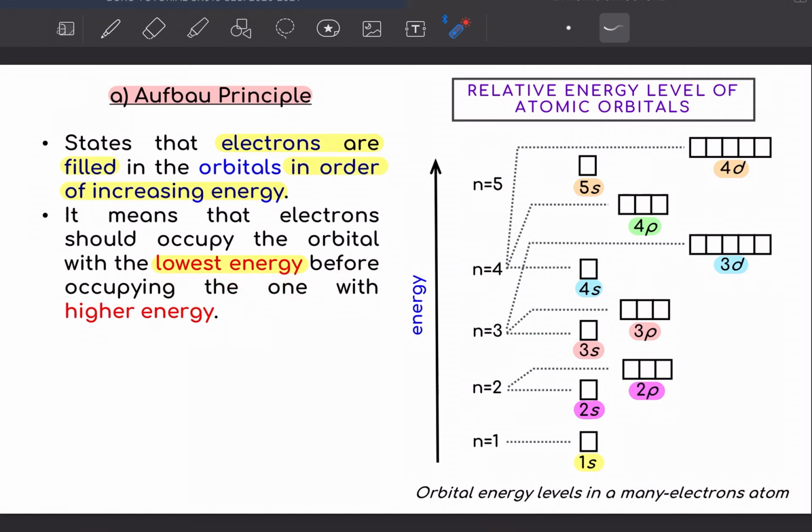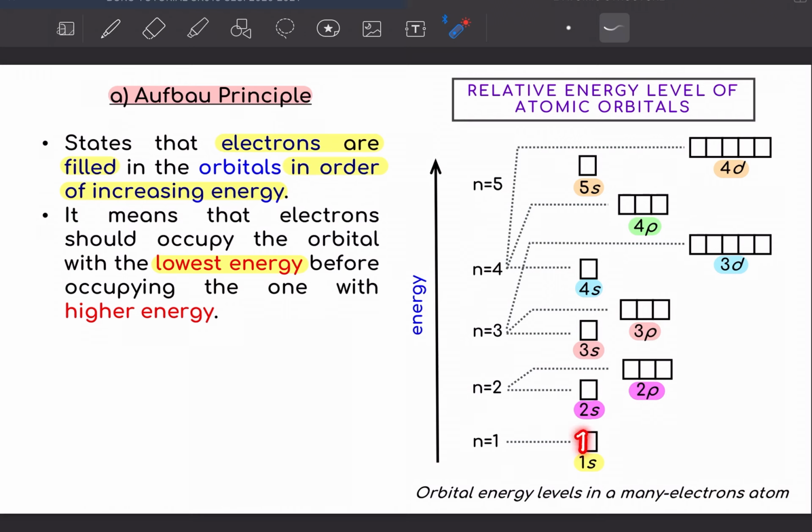So we will fill in electrons. If you look on your right here, the relative energy of atomic orbitals is shown. You will fill in electrons starting from the lower energy orbital, which is 1s.